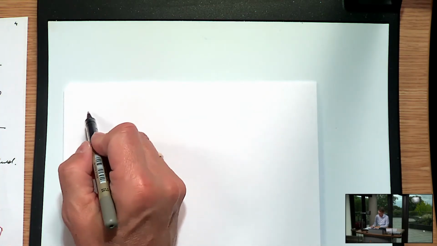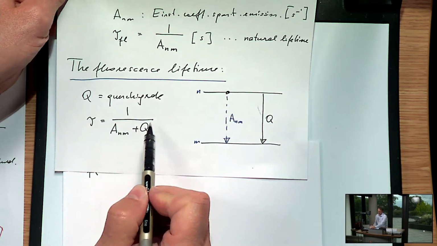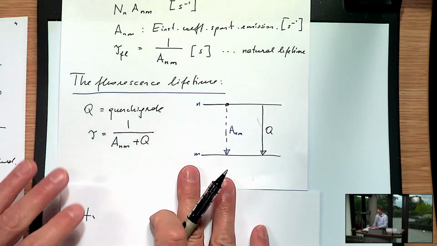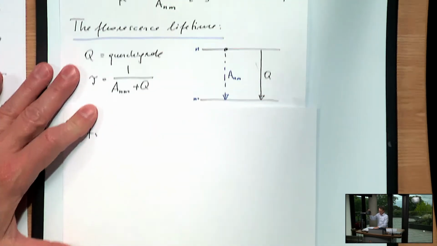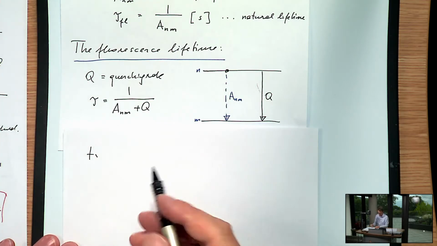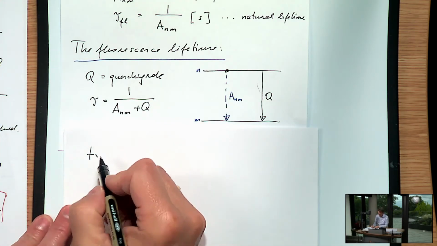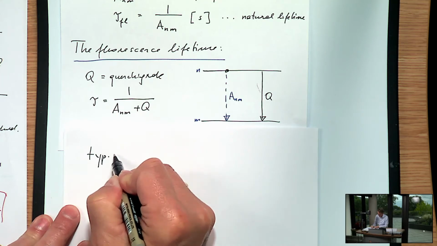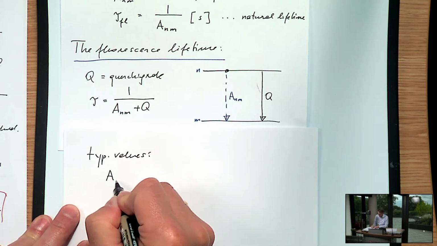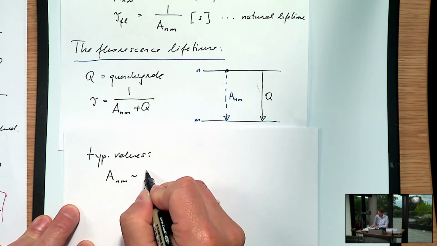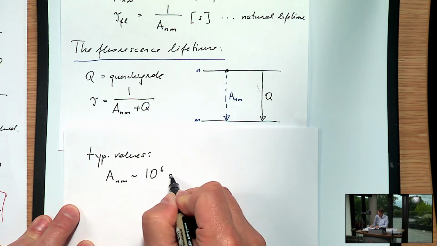Typical values: A_NM, the Einstein coefficient, is typically 10 to the 6 per second.